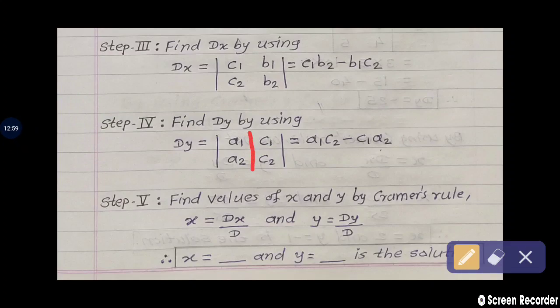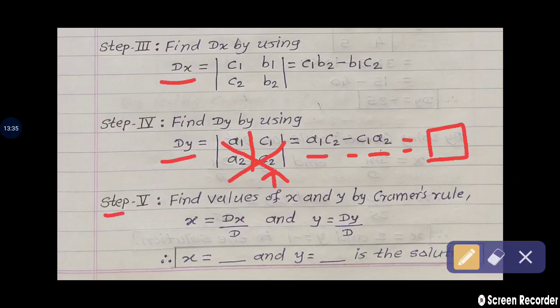First cross multiplication is a1 multiplied by c2 minus the second cross multiplication, c1 multiplied by a2. After subtraction, we get one more value here. Clear? So we are getting 3 values: the value of D, the value of dx, and the value of dy.